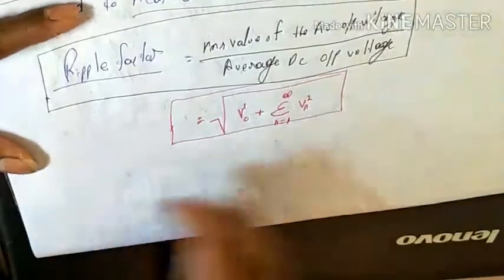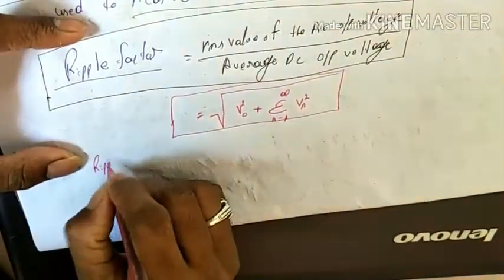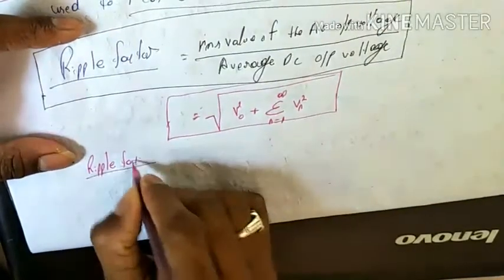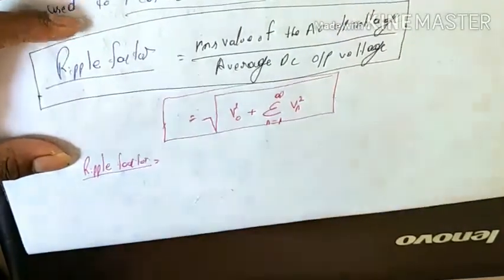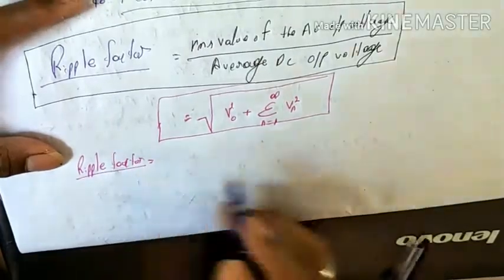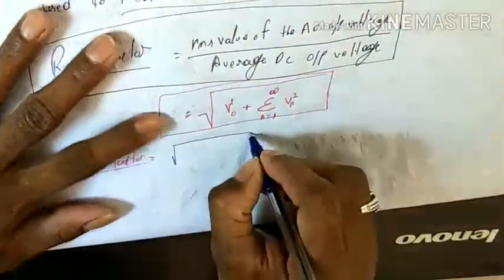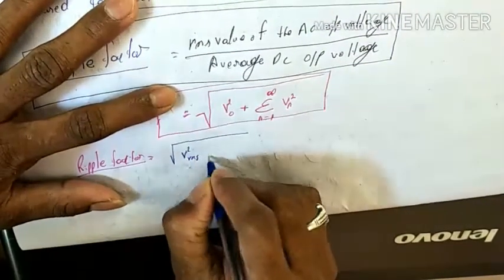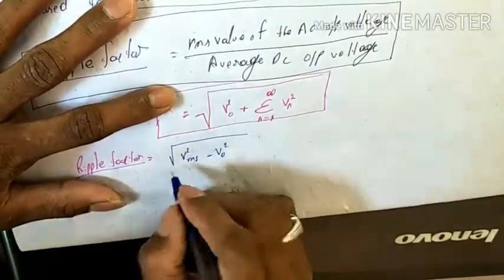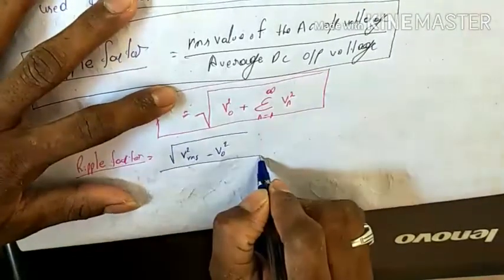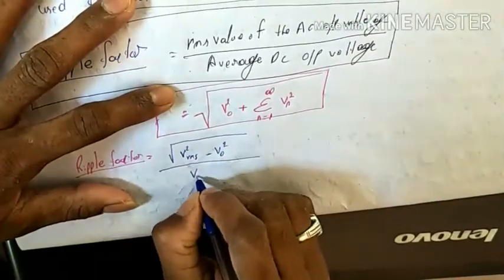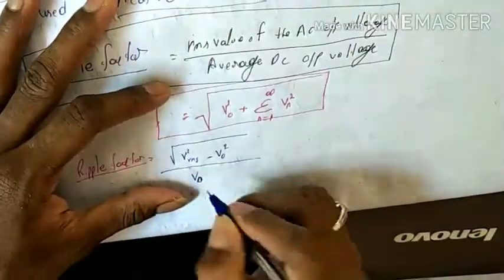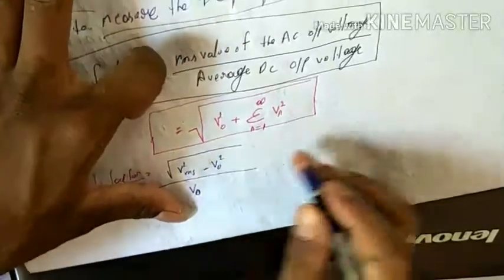It equals the root of V rms squared minus V out squared, where V out is the DC output voltage and V rms is the AC output voltage.